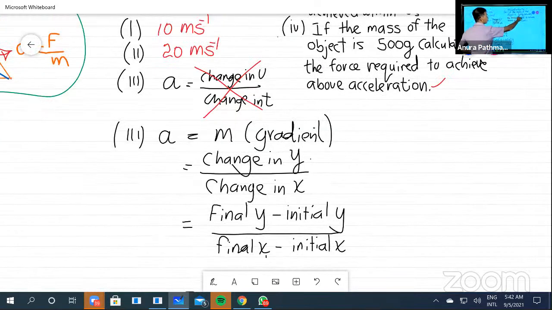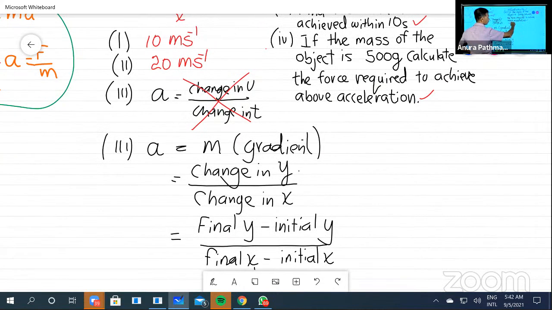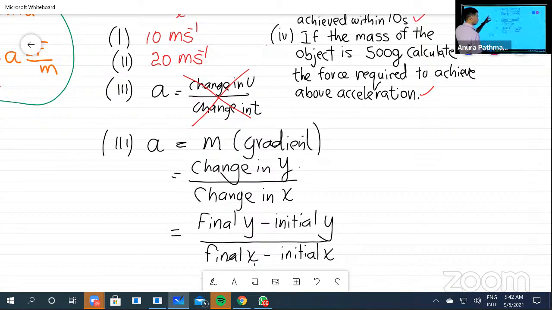If the mass of the object is 500 grams, calculate the force required to achieve the above acceleration.